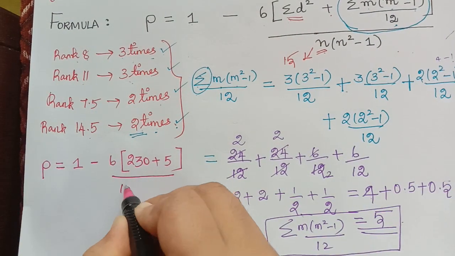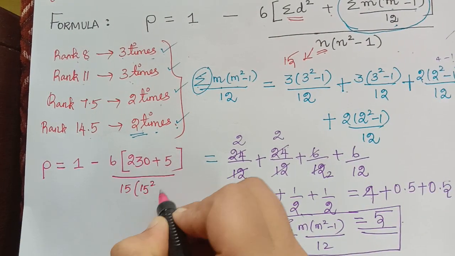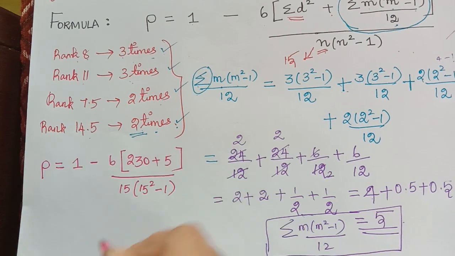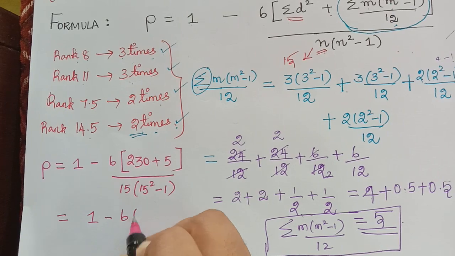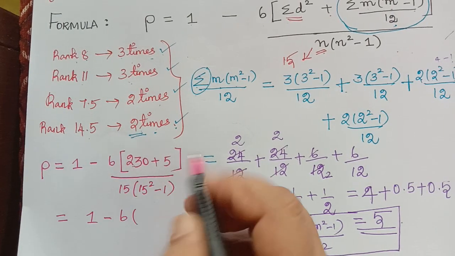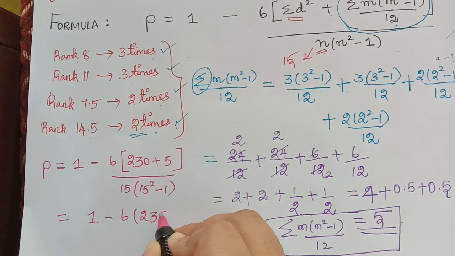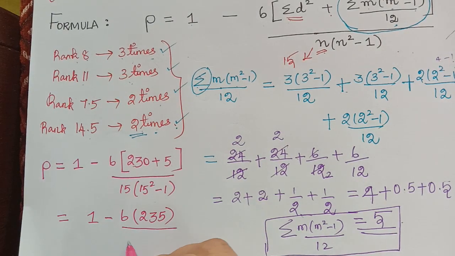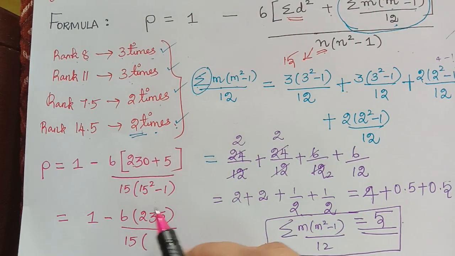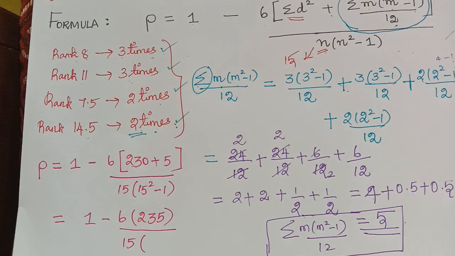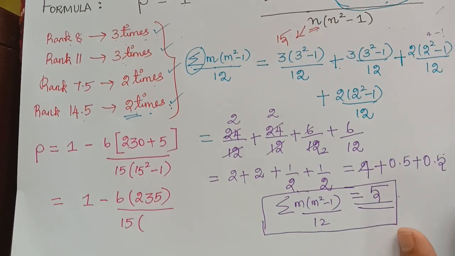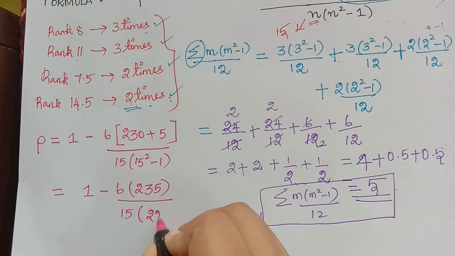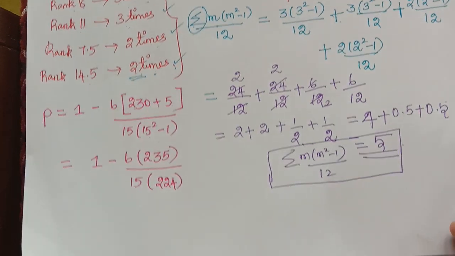So it will be 15 multiplied with 15 square minus 1. And so that will be equal to 1 minus 6 multiplied with, what is 230 plus 5? It is 235. Divided by 15 multiplied with 15 square is 225, and so 225 minus 1, which will be 224. Now we shall simplify this.